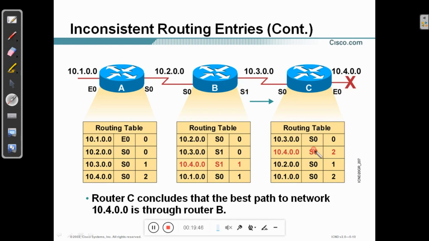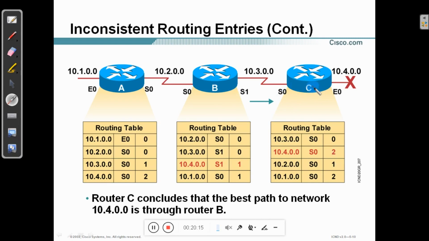So this router will change its routing table to reach 10.4.0.0 via S0 with 2 hops, because router C has received the update from B saying that 10.4.0.0 is 1 hop. For B it is 1 hop, and the distance from C to B is 1 hop, so for router C it is 2 hops.